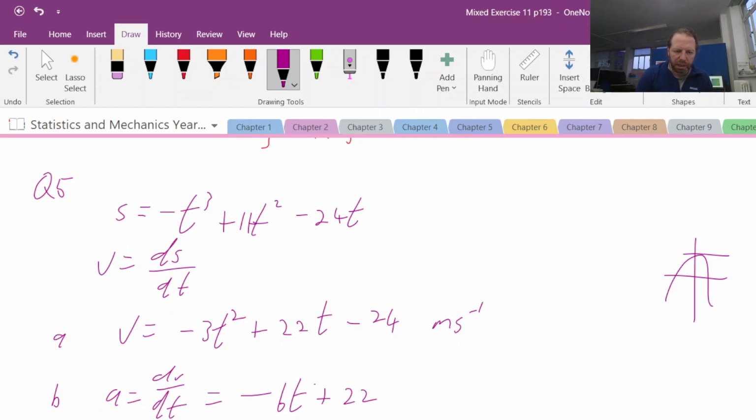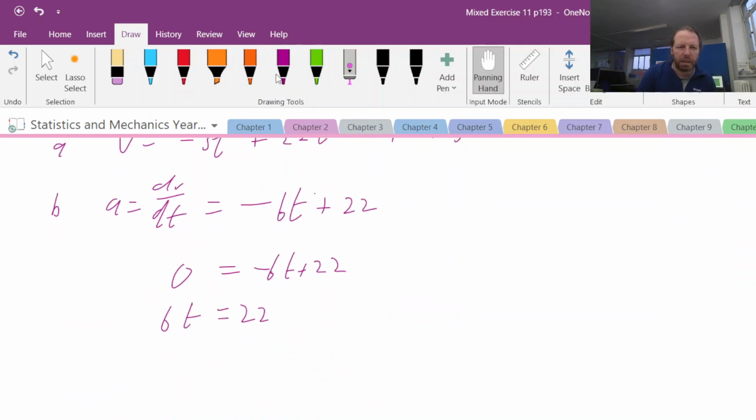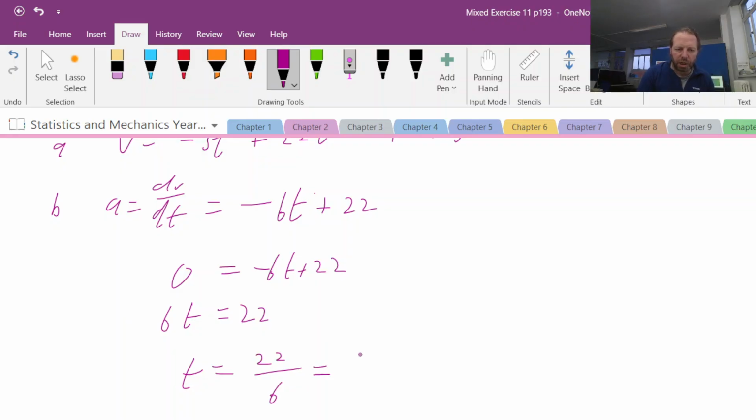Minus 6t plus 22 equals 0, and so 6t is equal to 22, and t equals 22 over 6, which is 11 over 3, which is 3 and 2/3 seconds on that one.